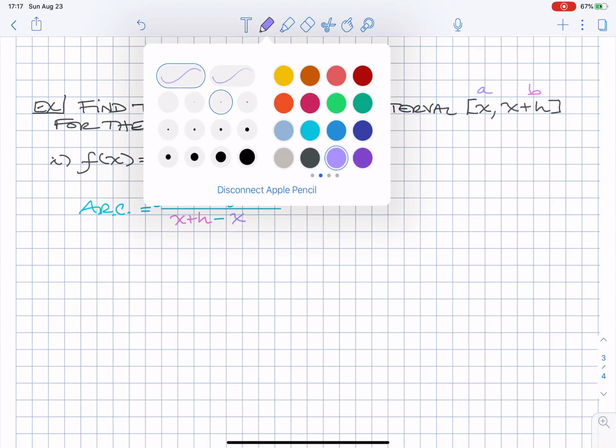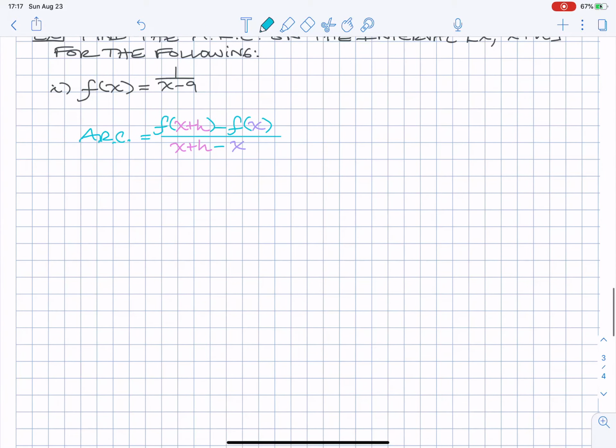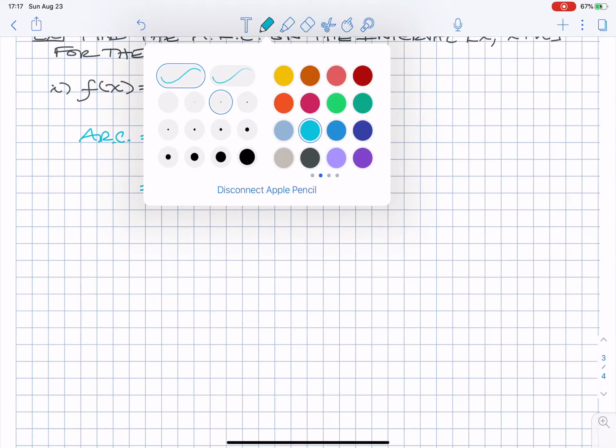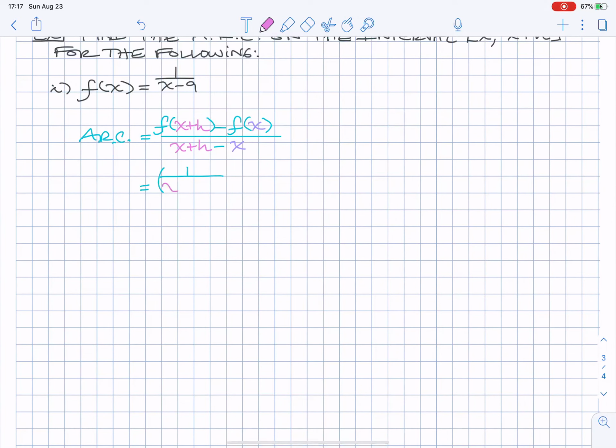Okay, so what do we have here? So in the numerator, let's look at the first guy. It's going to be 1 over x plus h.